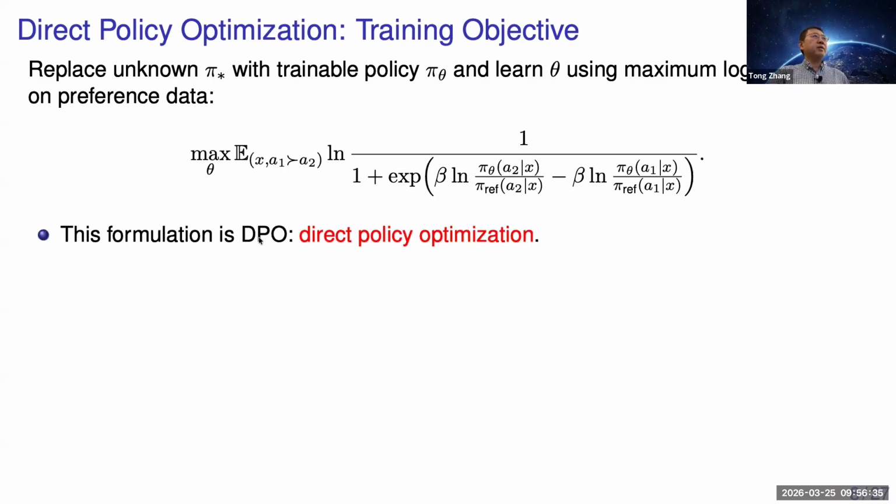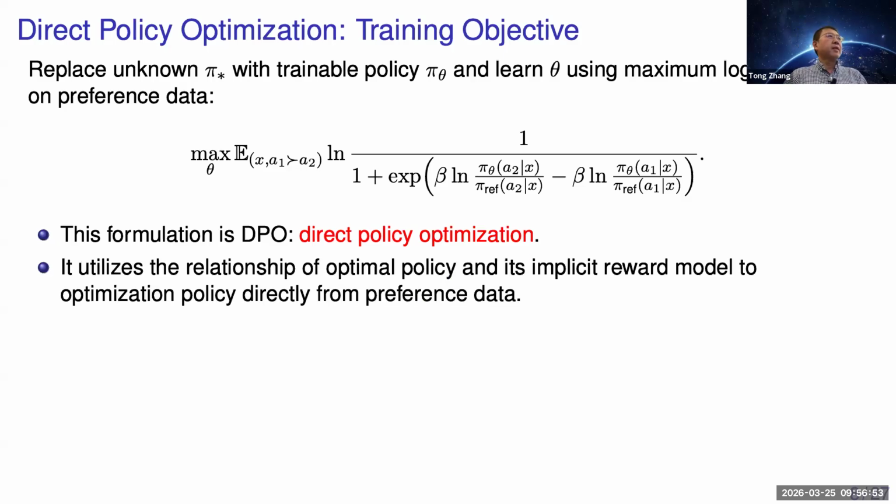This formula is called DPO. Actually, I think I made it incorrect. I just realized it's not direct policy optimization, it's direct preference optimization. I also need to change this. Direct preference optimization: DPO utilizes the relationship of the optimal policy and its implicit reward to optimize the policy directly from the preference data.